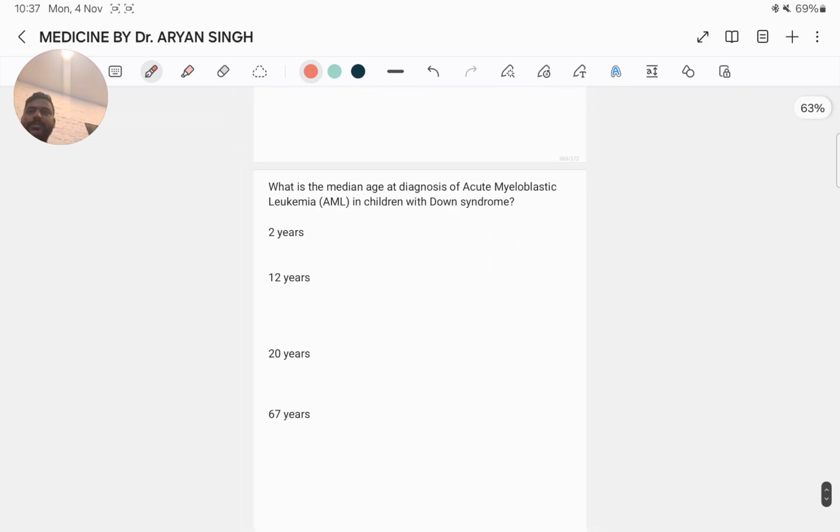Next question. What is the median age of diagnosis of acute myeloblastic leukemia in children with Down syndrome? 67 years is the best answer, because children with Down syndrome have a significantly increased risk of developing AML compared to the general population.